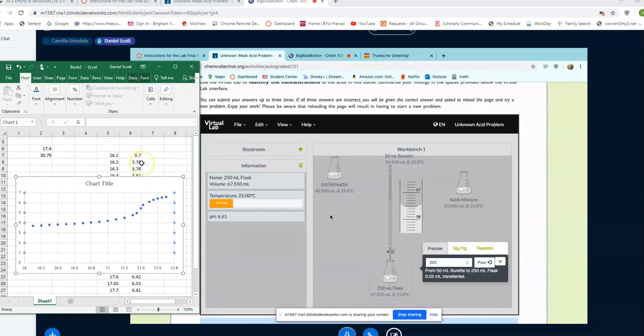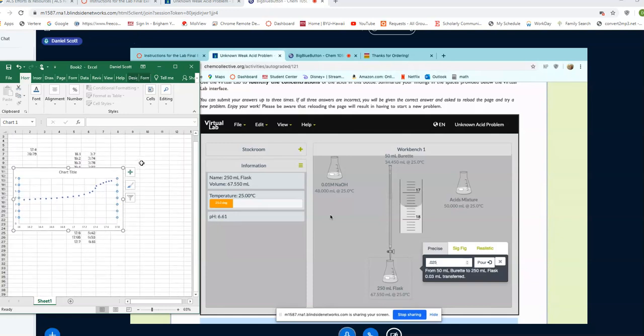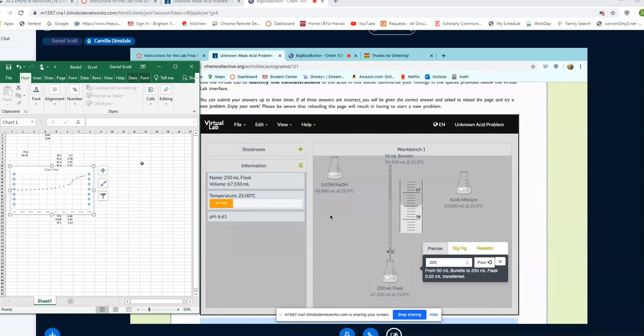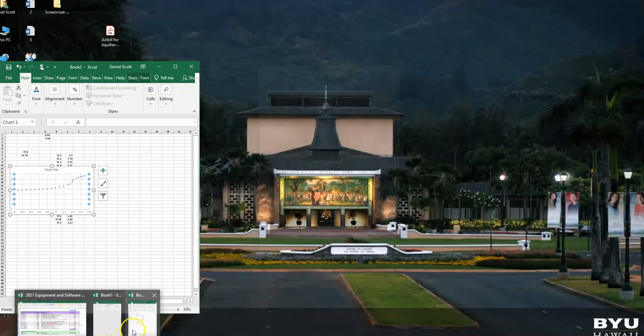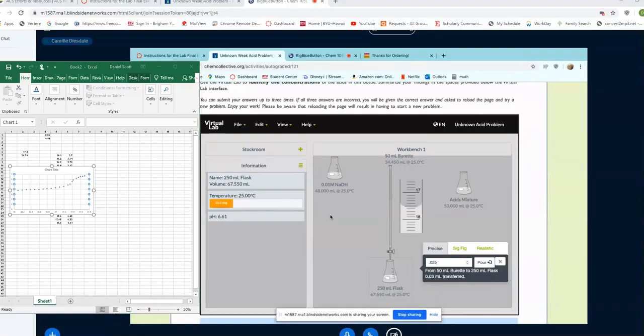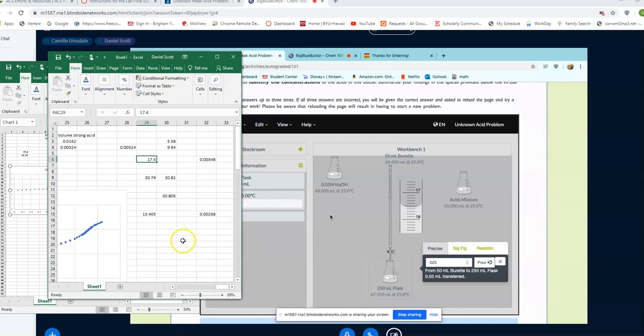Would that change anything? Well, the pH jumped quite a bit when we moved 0.025. 17.375. I would still have the concentration at 0.00348.